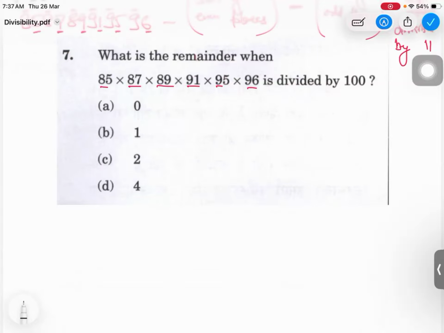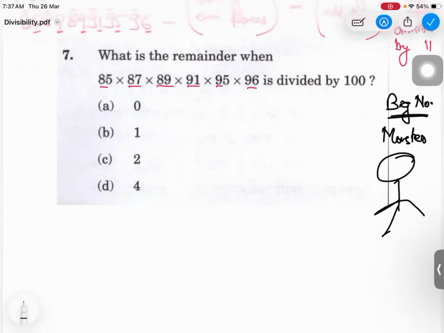So this is something like the big number. Okay, there is a big number. The big number is something kind of monster, some kind of very big monster. All right, and then there is a smaller number. The smaller number is some kind of warrior.